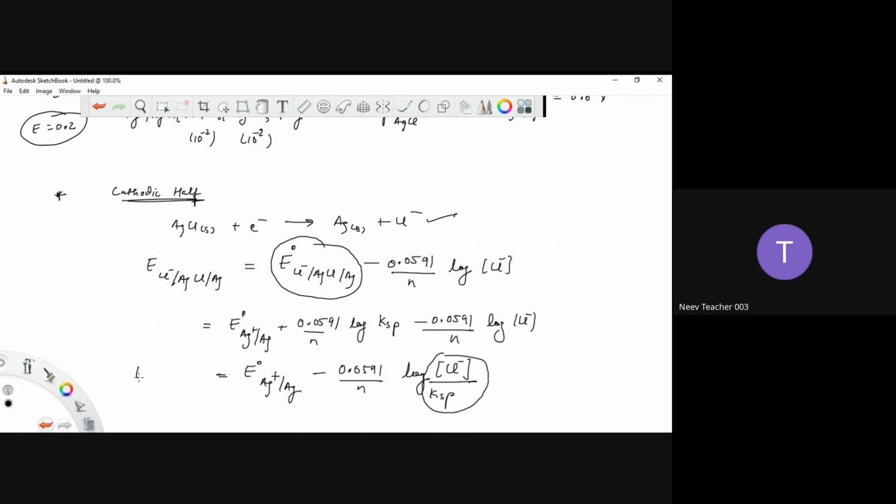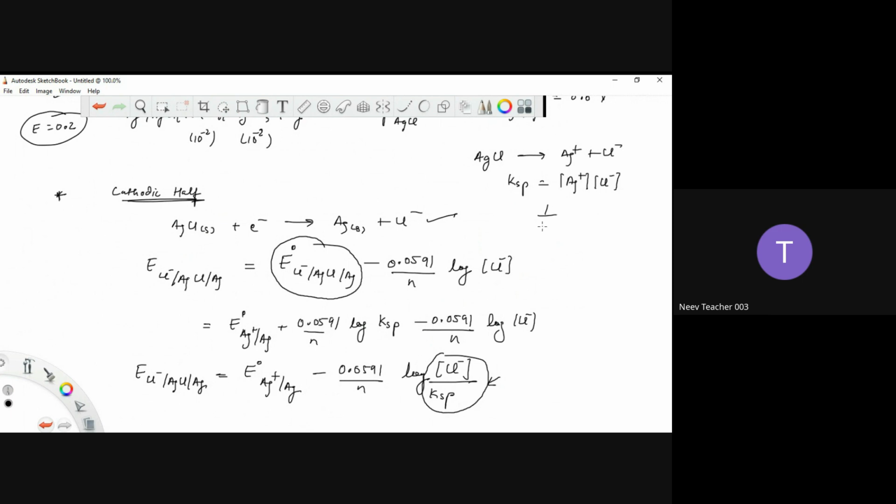So far, are you getting it? It's again the non-standard EMF of the half cell, right? Now see this value. Can we replace this with something? For KSP, we have used AgCl going into Ag plus and Cl minus. Now KSP from here will be the concentration of Ag plus and Cl minus.